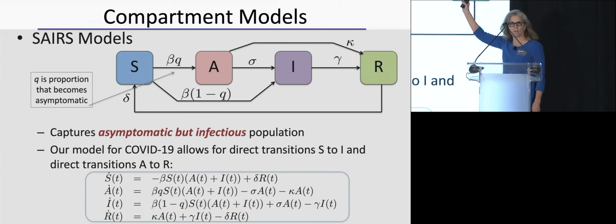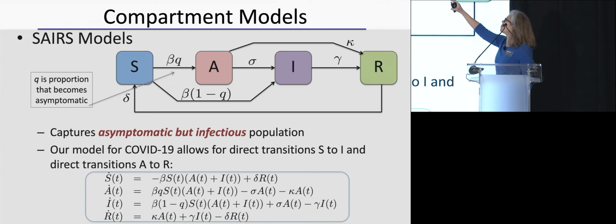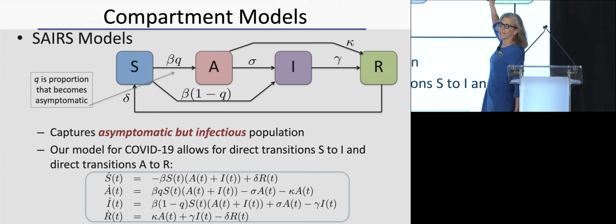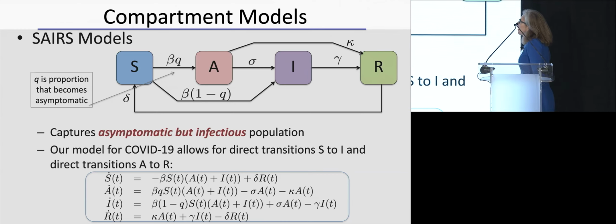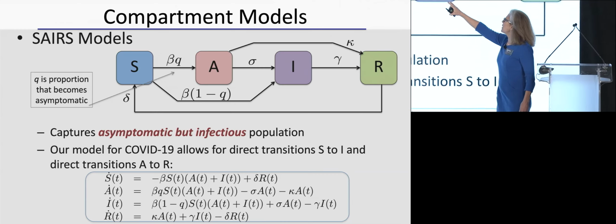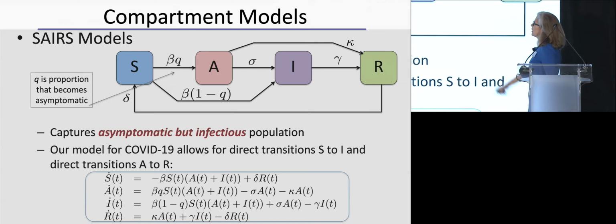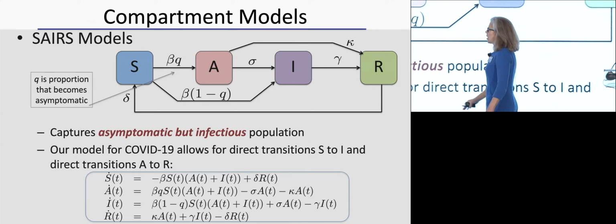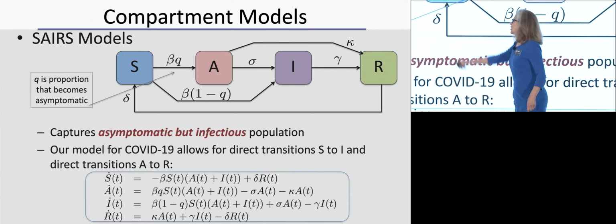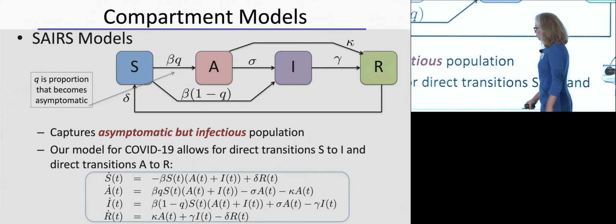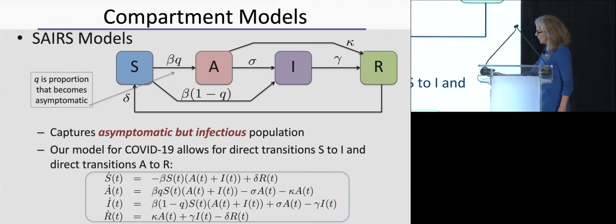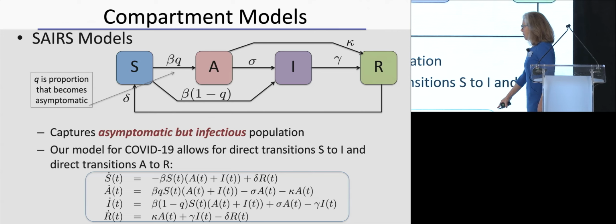So there are people that never really presented symptoms, and so we're assuming that they're healing at a rate kappa. Again, the symptomatic infected are healing at a rate gamma, and then we have the rate of essentially loss of immunity.